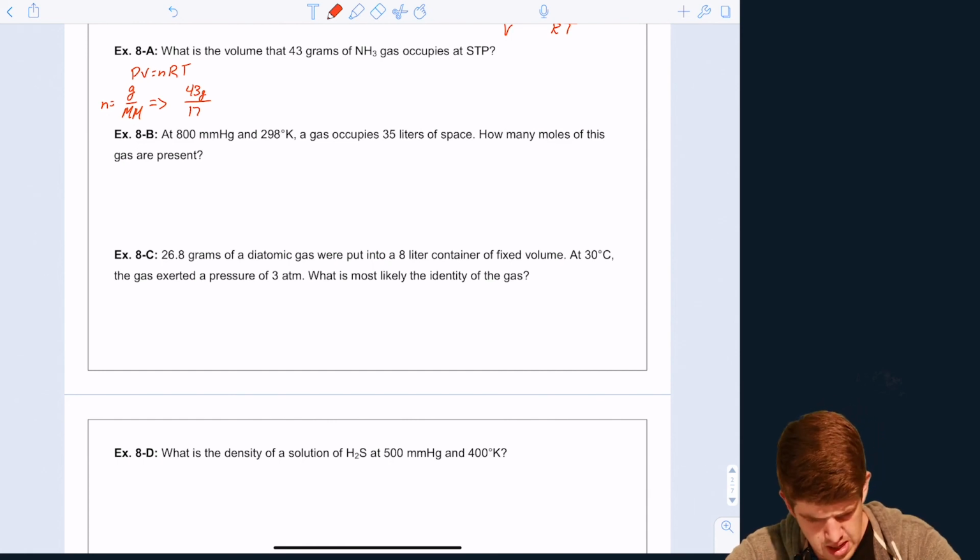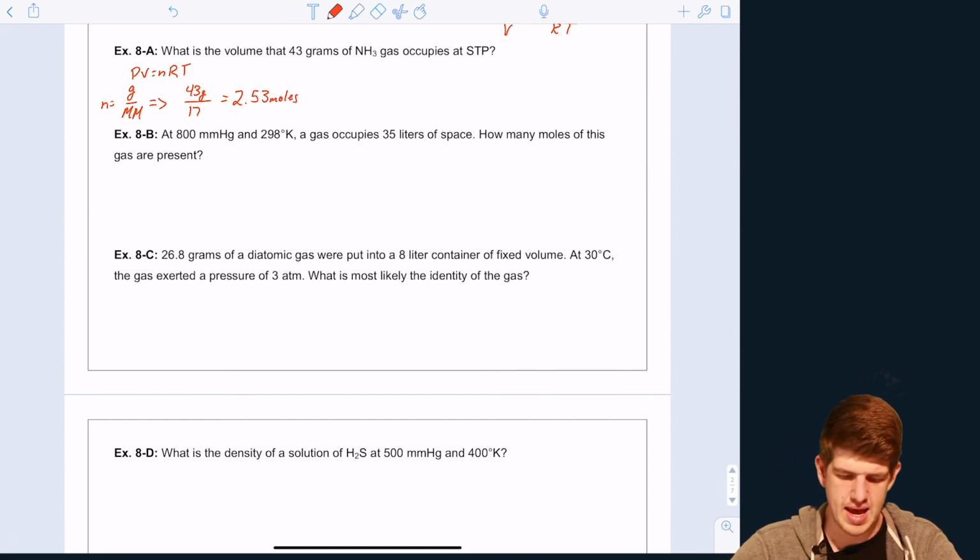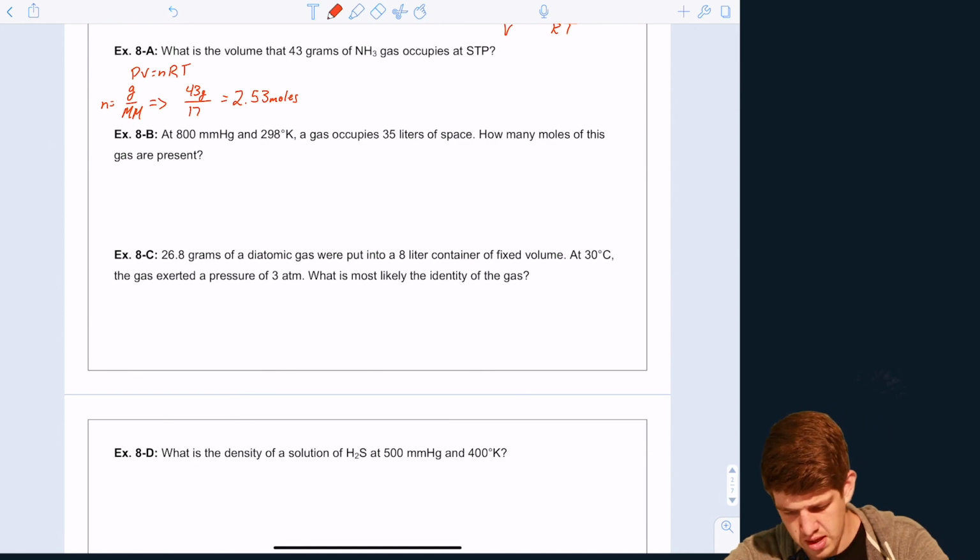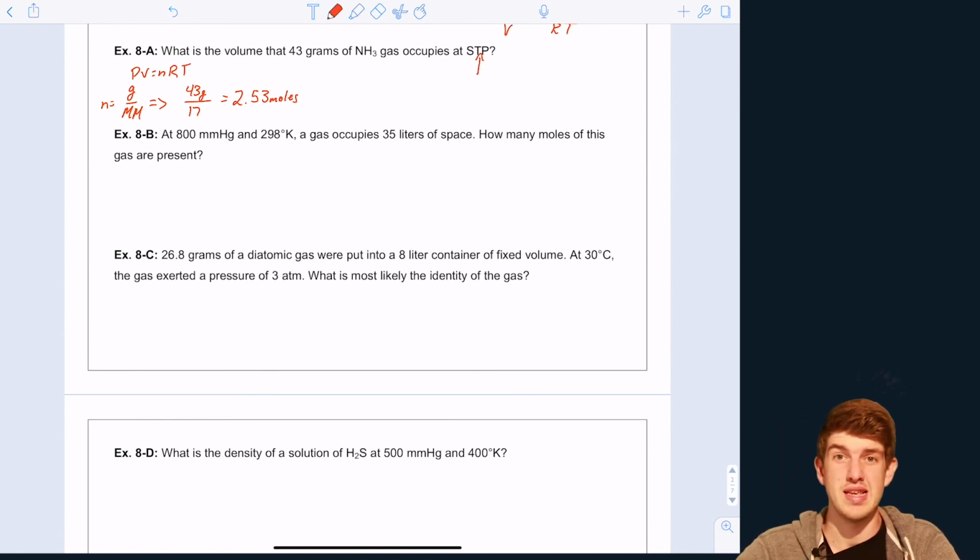I have 2.53 moles of NH3 gas. And now, what else do I need? Well, PV equals nRT. I'm looking for the volume, but for temperature and pressure, you should note that this says we are at STP.